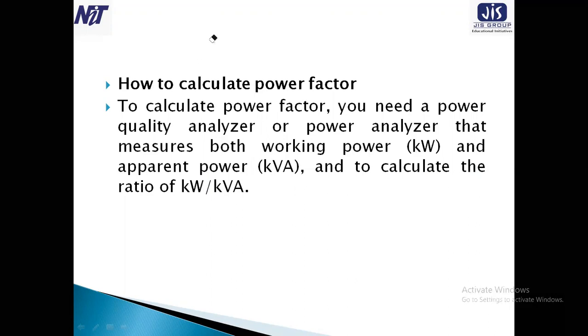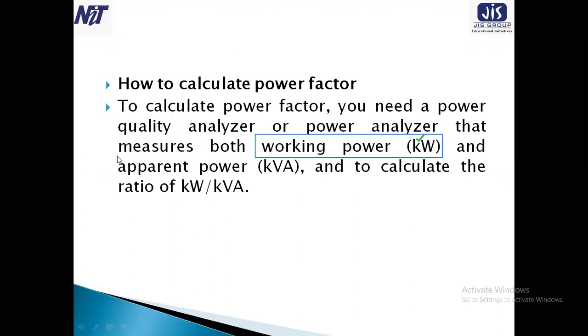We already know what the working power is. Active power is the working power, and the unit of the working power is kilowatt. And the apparent power is the demand power, the total power of the system.